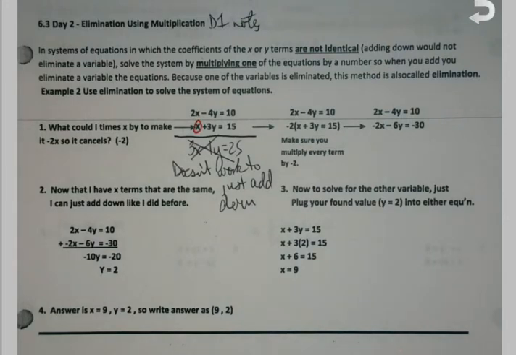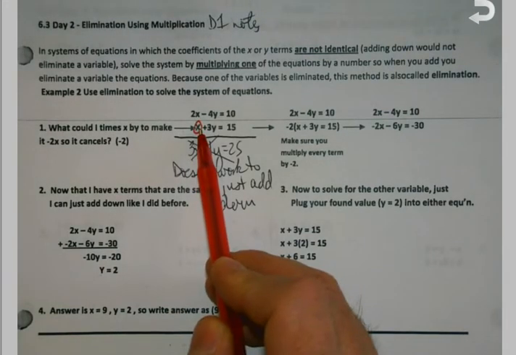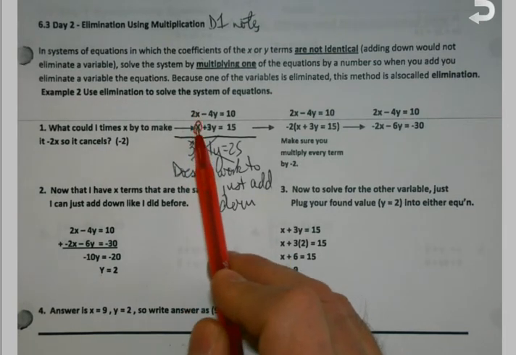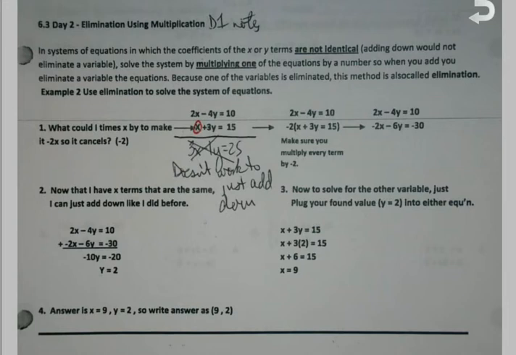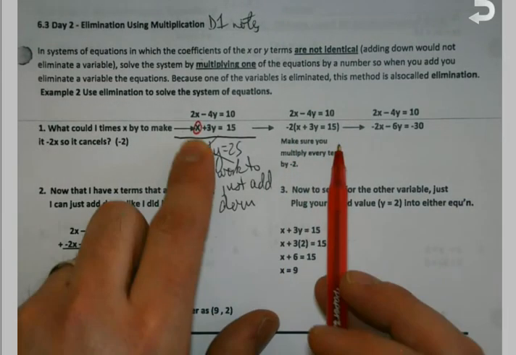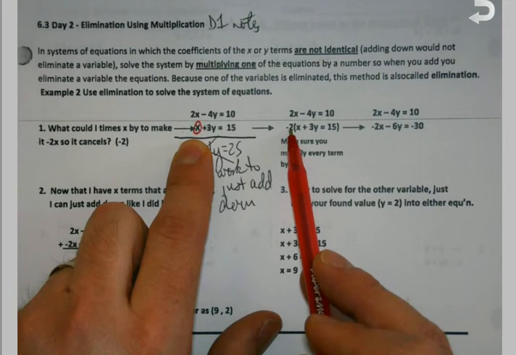And the reason I want to do that is that's the easiest one to be a little bit flexible with. So like for instance here, I'd like this x to be negative 2x. Well, why negative 2? Because I see a positive 2x above it. So if I have positive 2 and negative 2, they'd cancel. So the way I fix that is I multiply my whole bottom equation by that number I want this to be, negative 2.